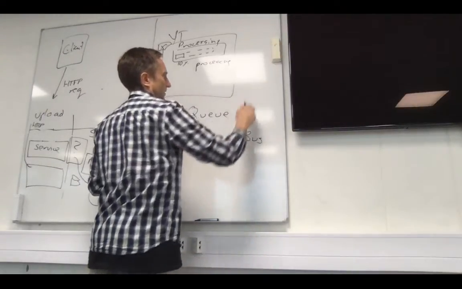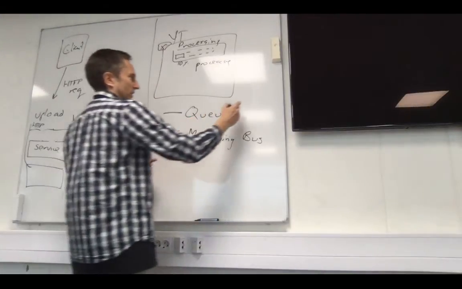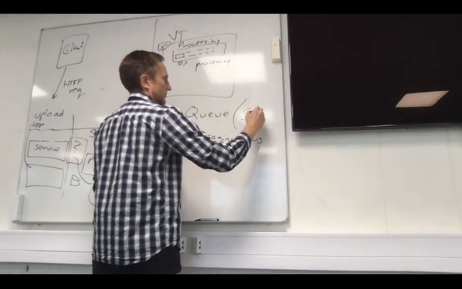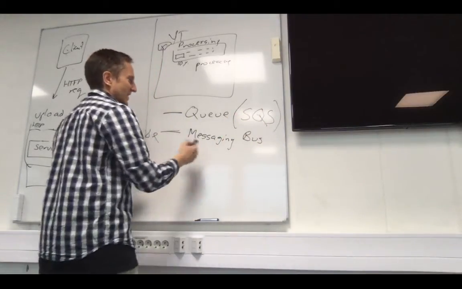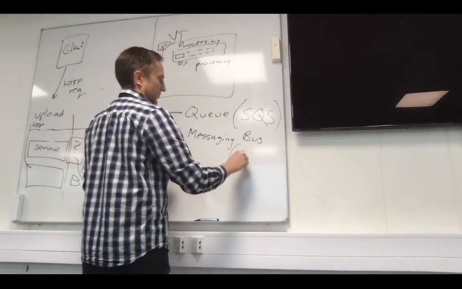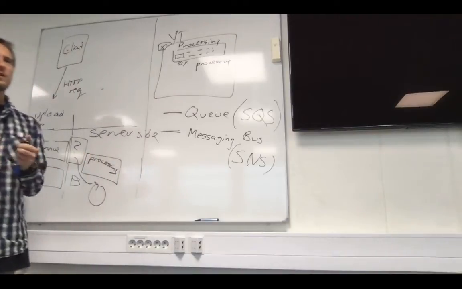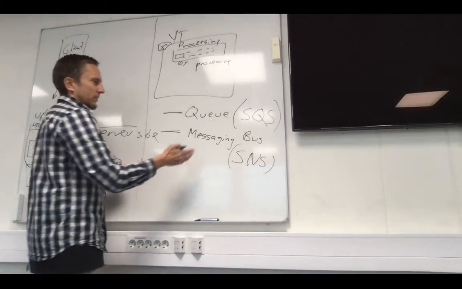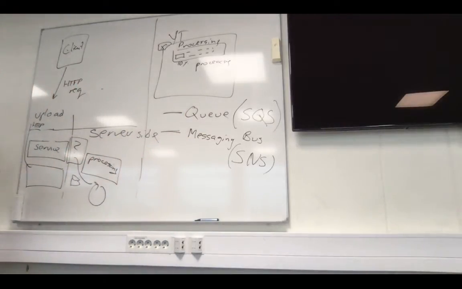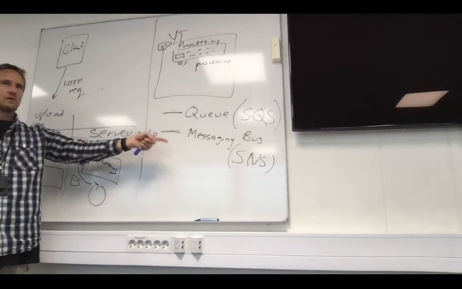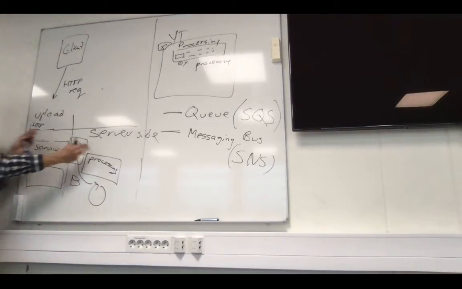On Amazon, if you were to use Amazon Cloud, the queuing system is called SQS, which stands for Simple Queue Service. And the messaging bus acronym is SNS, and it stands for Simple Notification Service, right? We're not gonna go into details with those two. There are a lot of open source solutions for both queuing and messaging. They just fit into this integration layer, right?